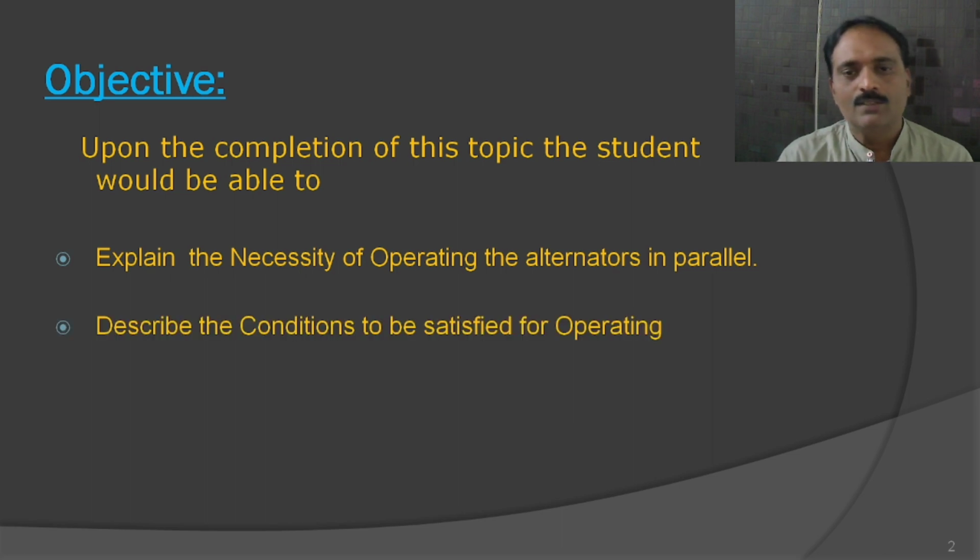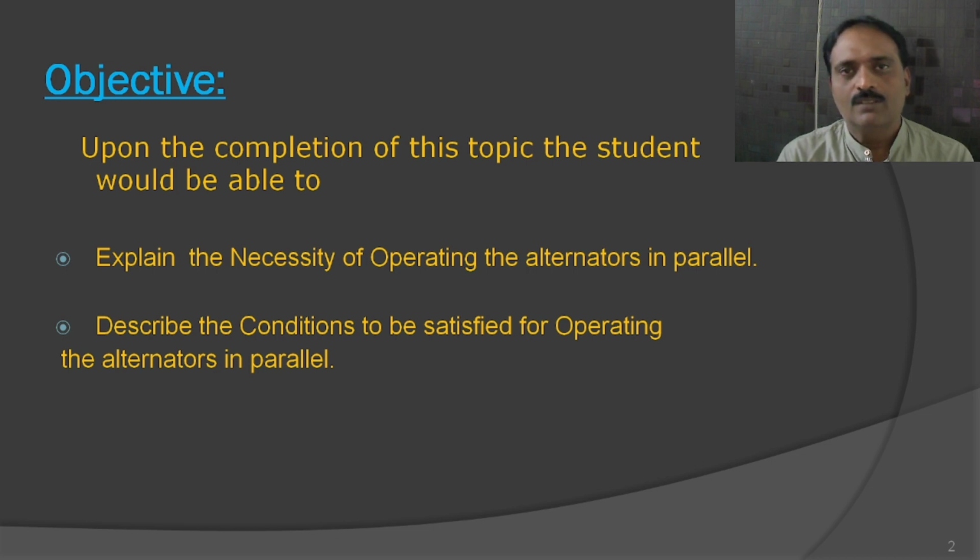And what are the conditions for operating the alternators in parallel? Directly we cannot connect two alternators in parallel to the bus bars. It needs certain conditions to be fulfilled in order to connect the alternators in parallel to the bus bars. We shall discuss all the things in detail in the coming slides. First of all, let me brief you.